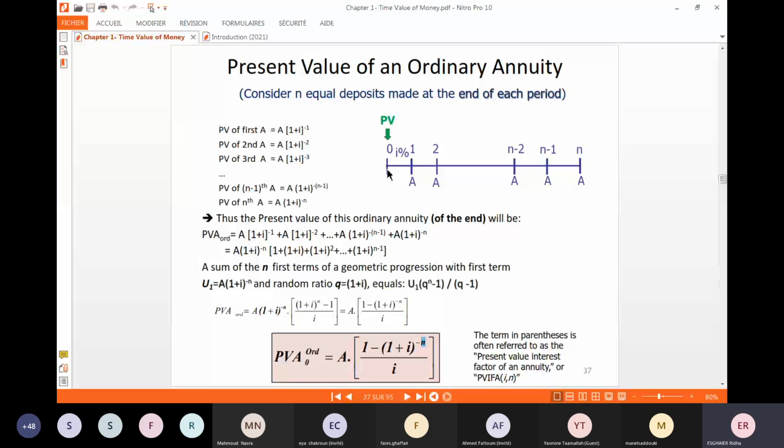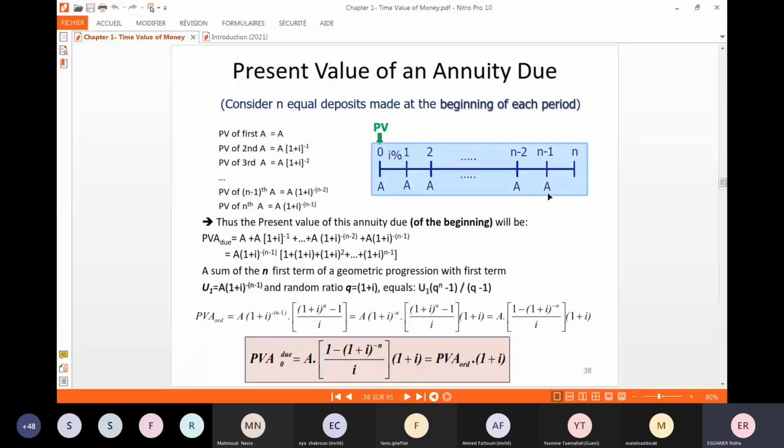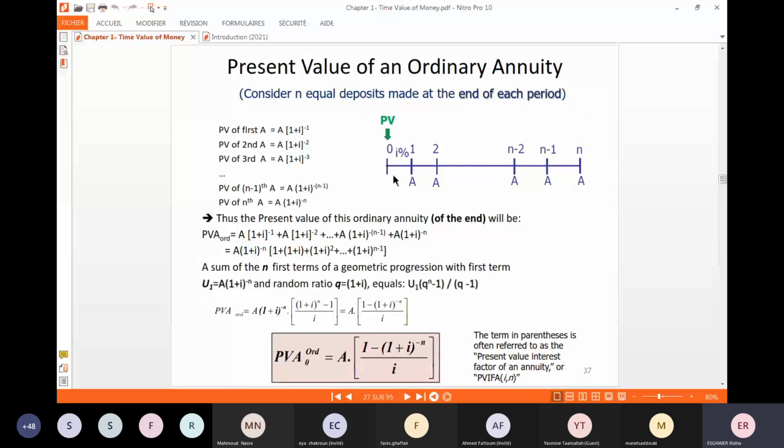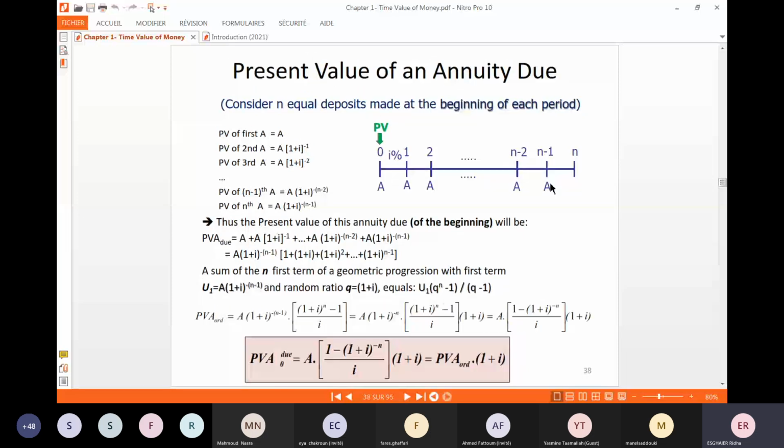The last deposit here, A at the date n minus 1, its present value is A times 1 plus i power minus (n minus 1). We have n minus 1 years of discounting. Not like here, we have n years of discounting. So here we will save 1 year of discounting.